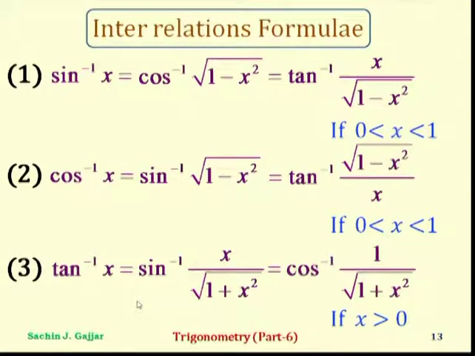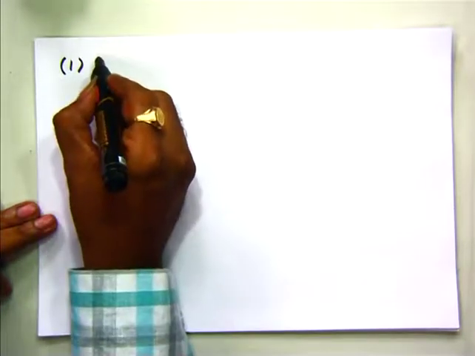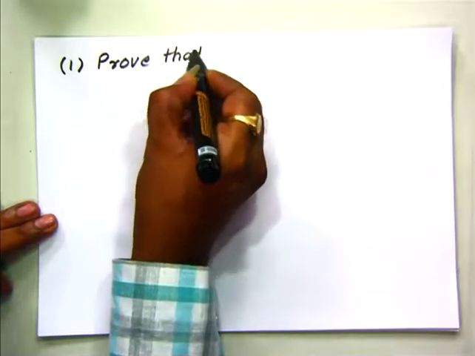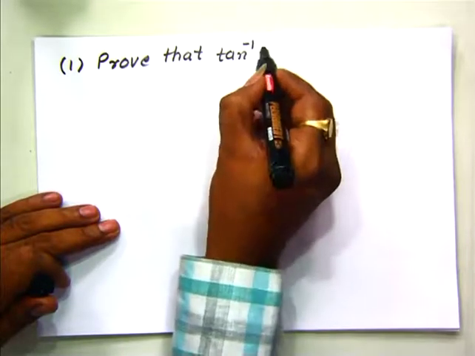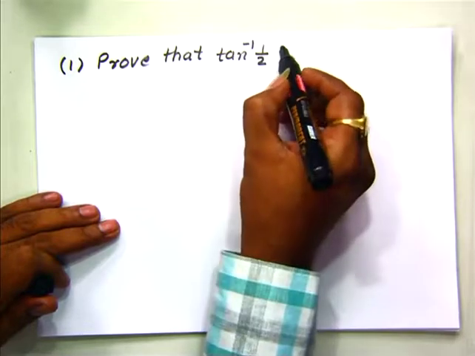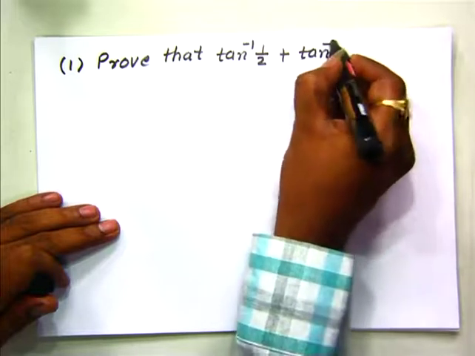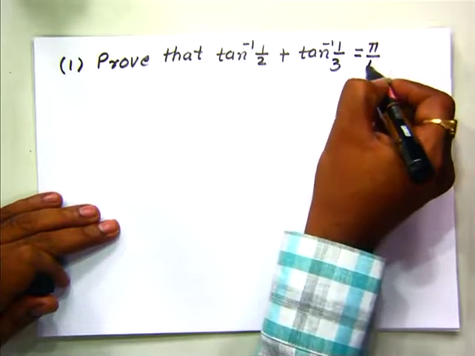Now let's go to the examples, and this time we will use the teletop. So our first example is: prove that tan inverse 1 by 2 plus tan inverse 1 by 3 equal to pi by 4.